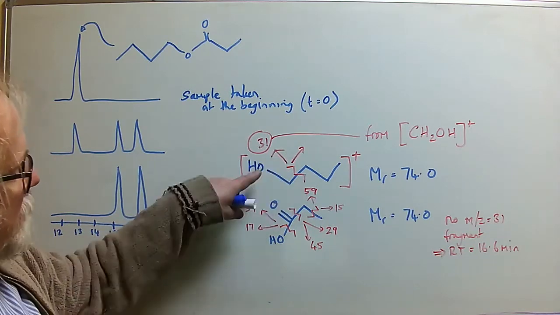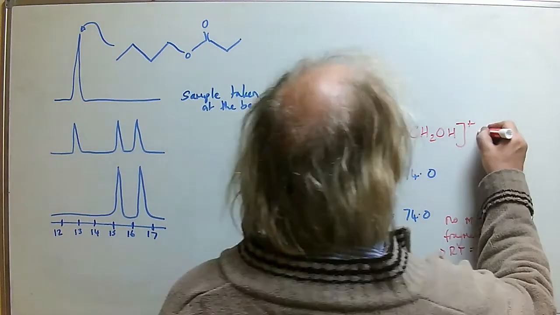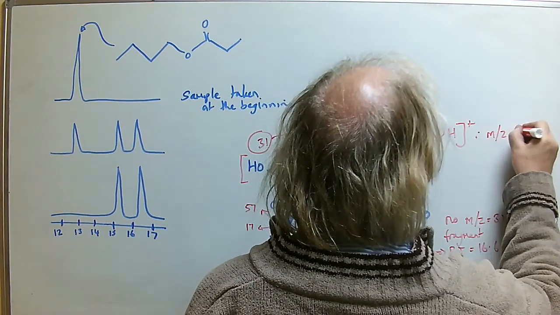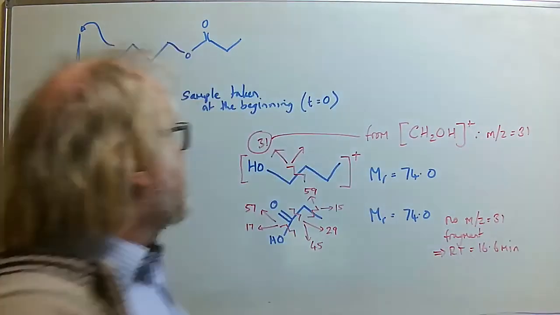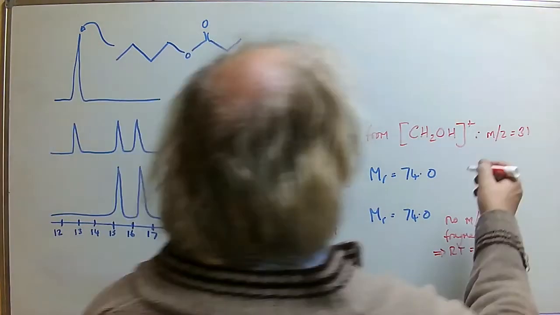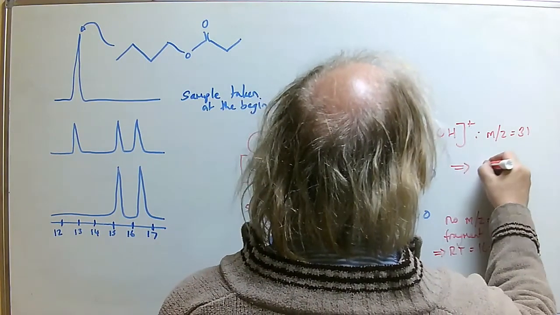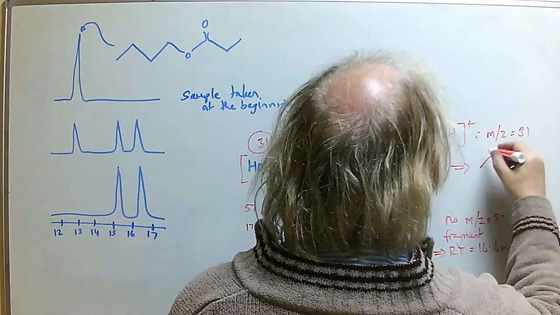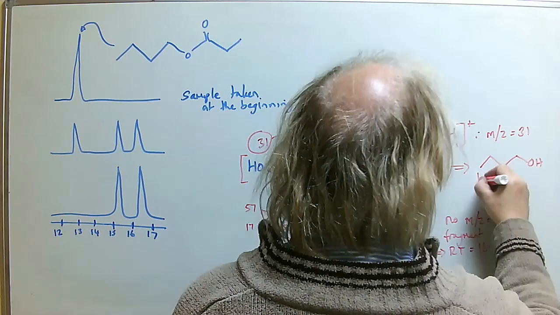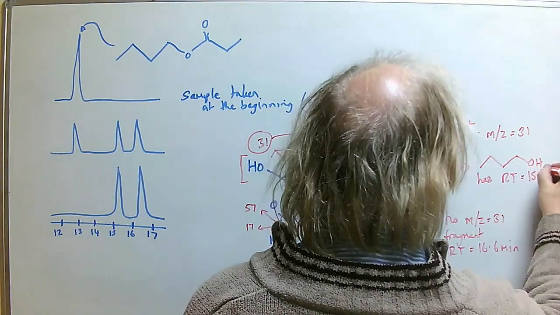And if that one has the positive charge, it would be CH2OH plus, and then you detect it, which gives an M over Z of 31. So that fits then. So that implies that butan-1-ol has a retention time of 15.3 minutes.